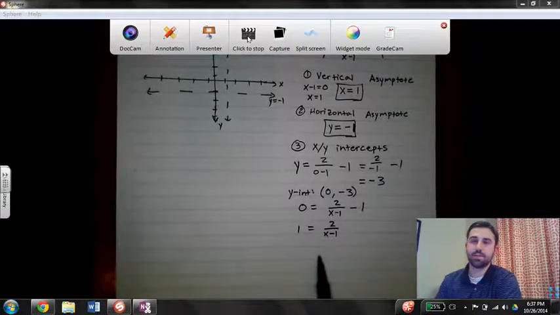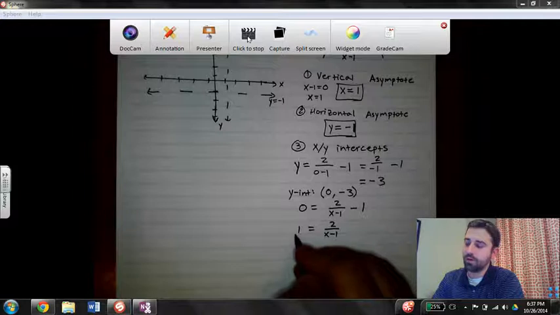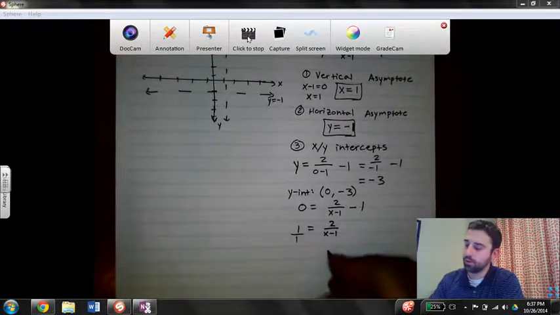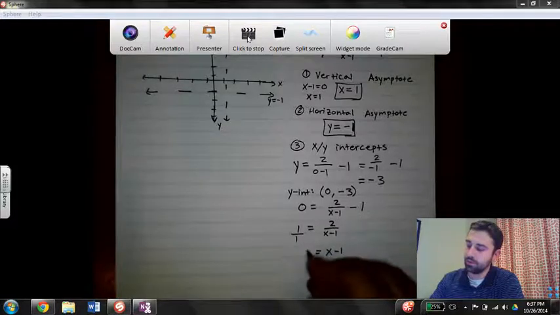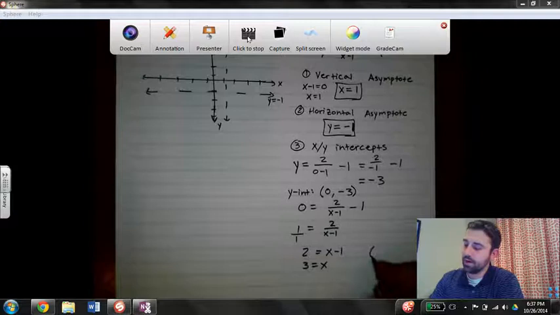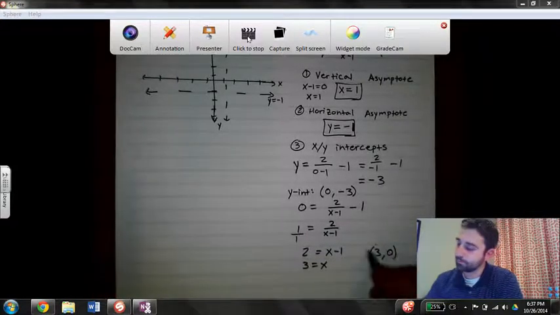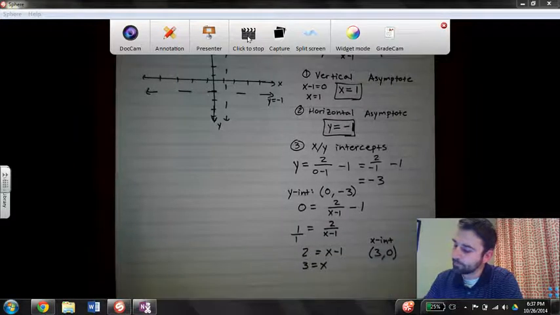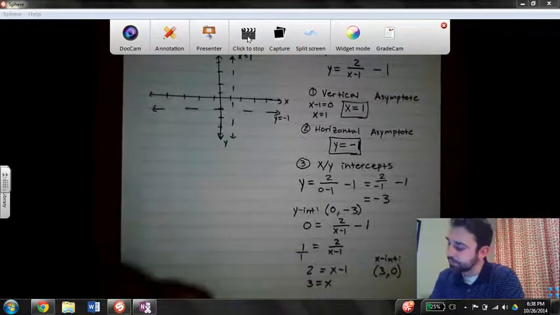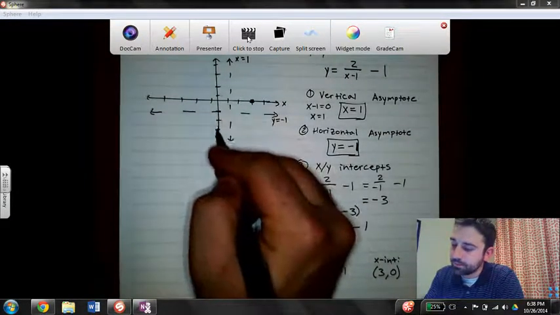And at this step, we need to think of 1 being represented as a fraction, 1 over 1, where we can then cross multiply to solve. And I'd add 1 on both sides, and that would give me the intercept (3, 0). And so I can plot these intercepts at (3, 0) and (0, -3).